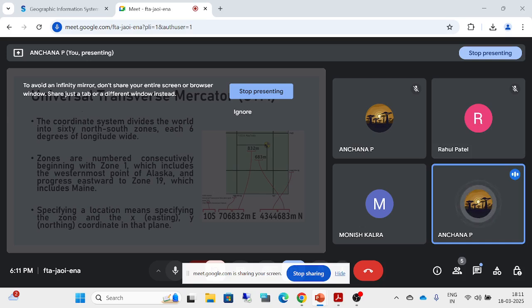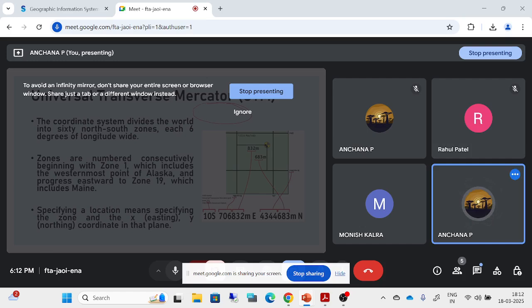What this Universal Transverse Mercator does is, if we consider, of course, our Earth is not a proper sphere, but still, just imagine that this is our Earth. In this 3D model, what we are trying to do in map projection is make it into a 2D flat surface, right?